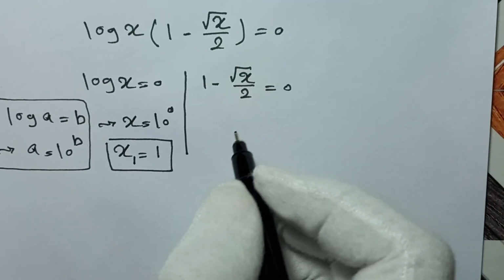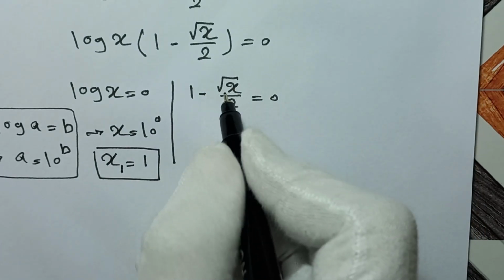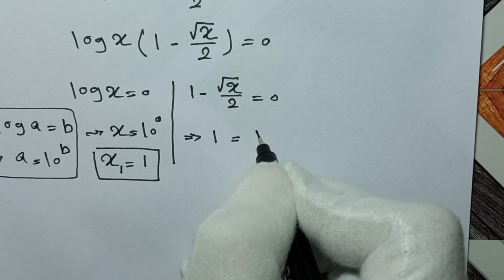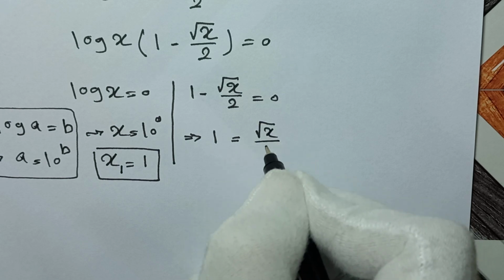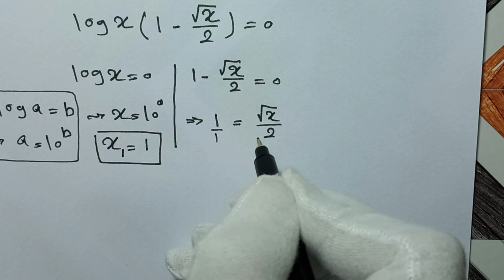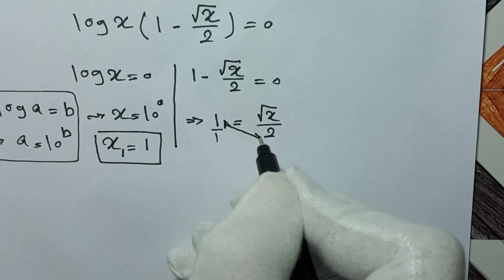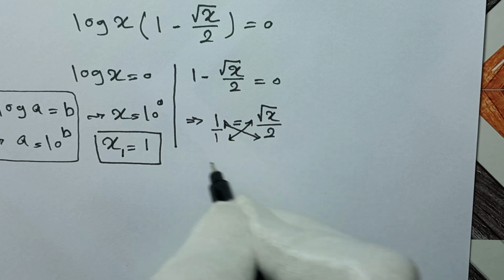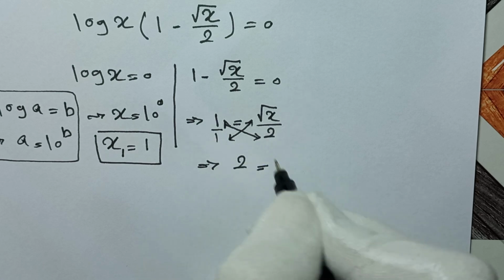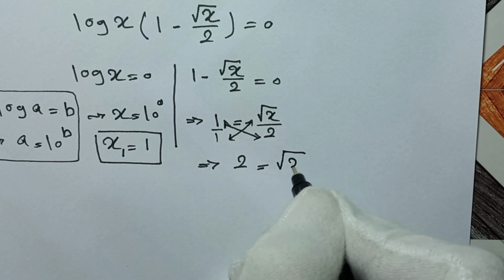So here we take this to this side, and it will be 1 equals square root of x over 2. And here we can write 1 as 1 over 1, and here we use cross multiplication, this times this and this times this. So it will be 2 times 1 is 2 equals 1 times square root of x, it will be square root of x.